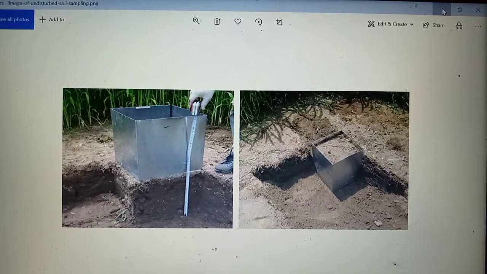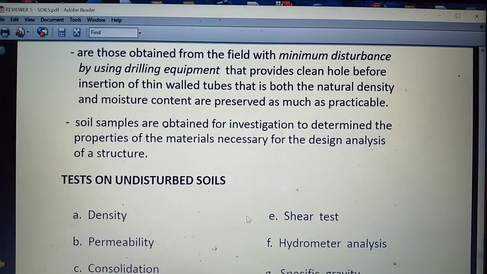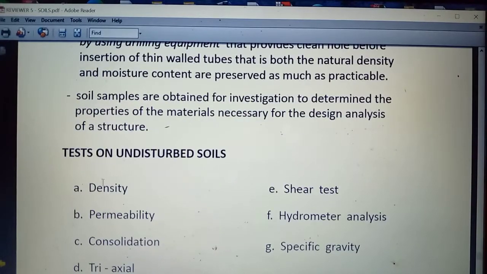Okay, yan yung undisturbed sampling. So, test on undisturbed soils, ito yung ginagamit para density, permeability, consolidation, triaxial, shear stress, hydrometer analysis, and specific gravity. So, yan yung iba't ibang test on undisturbed soils.